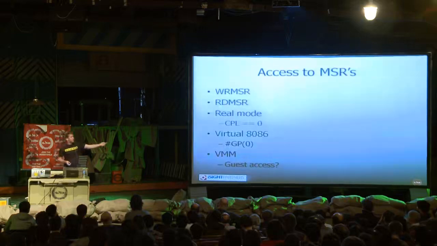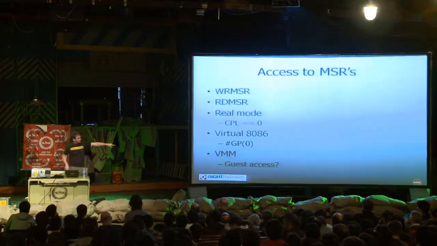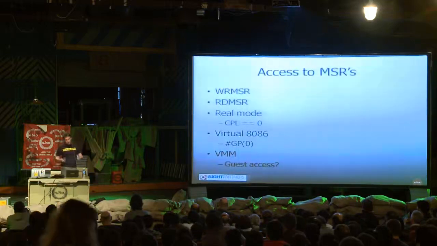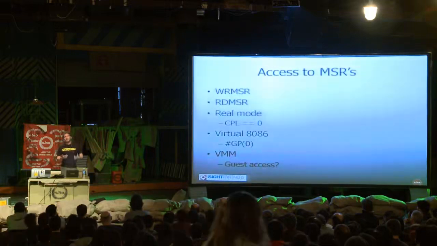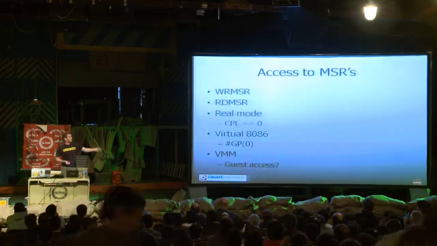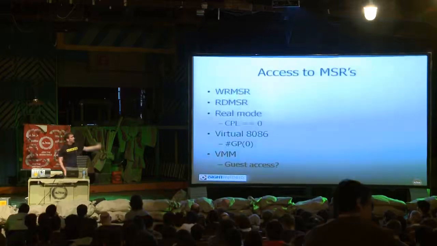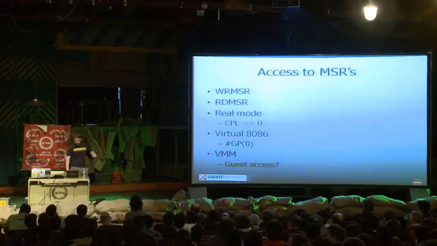In virtual 8086 mode, if you try to call these two instructions, you'll get a general protection fault. And in non-root mode of a virtual machine monitor, it's questionable whether you can call them or not, depending on the security you set up in the virtual machine monitor itself.